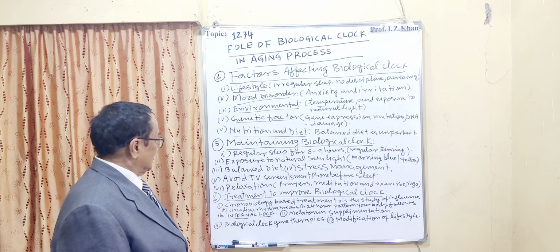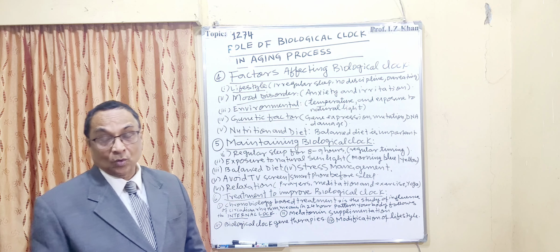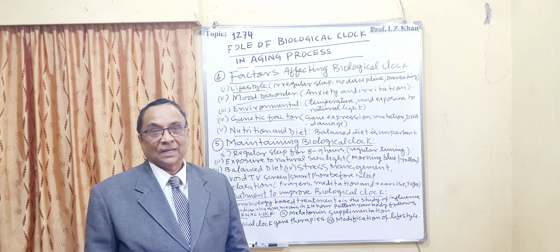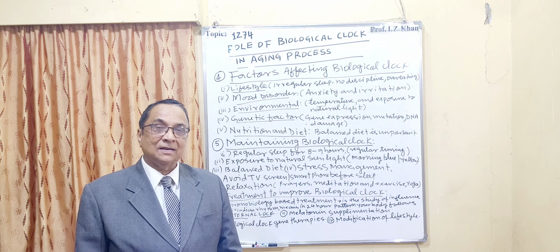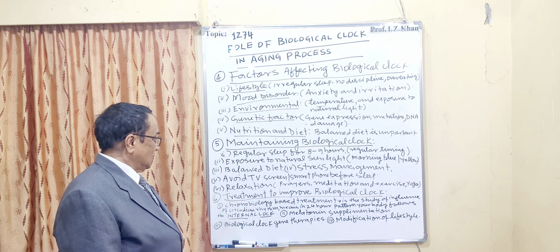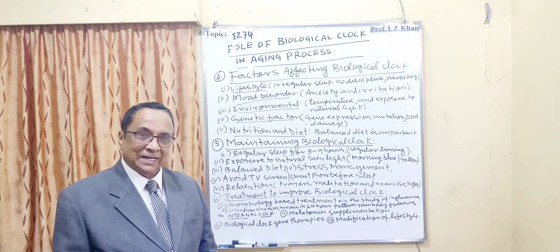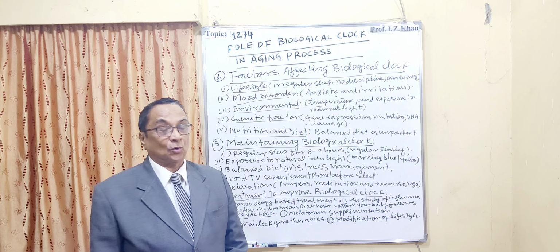And then 6, that is treatment to improve biological clock. What is the treatment to maintain and to improve biological clock? Number 1 is chronobiology based treatment. It's a very interesting branch that is called chronobiology.